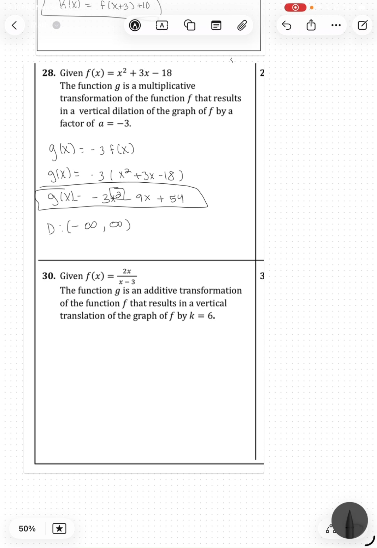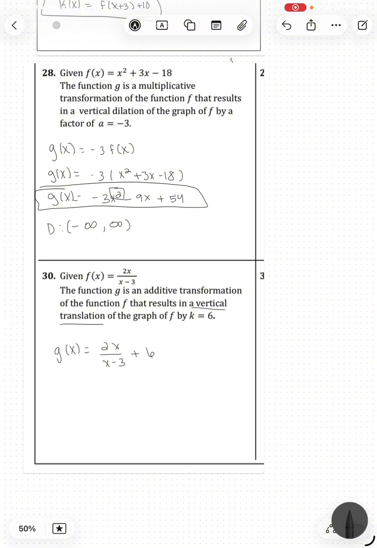Okay, for our last one, given f of x equals 2x over x minus 3, the function g is an additive transformation of the function f that results in a vertical translation of the graph of f by k equals 6. So g of x equals 2x over x minus 3 plus 6.